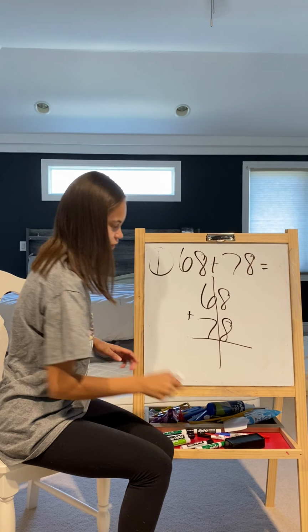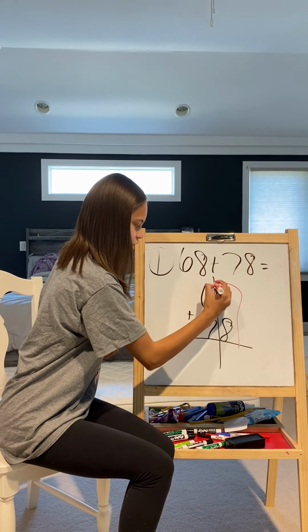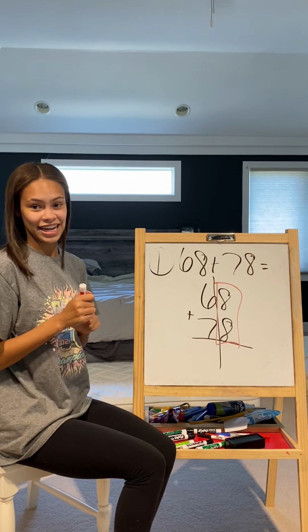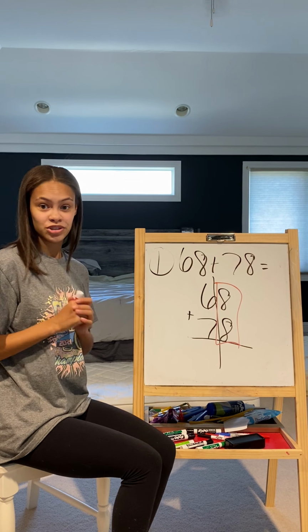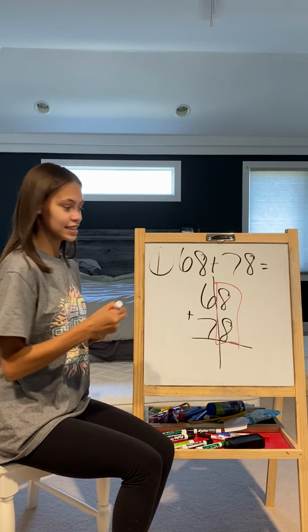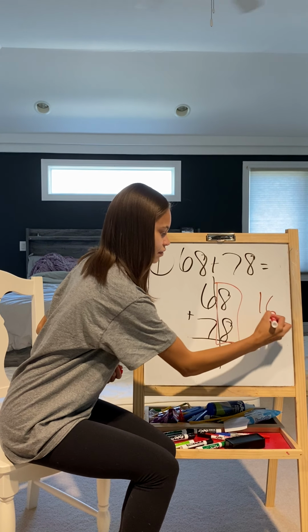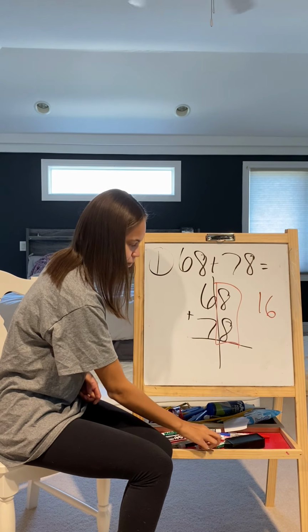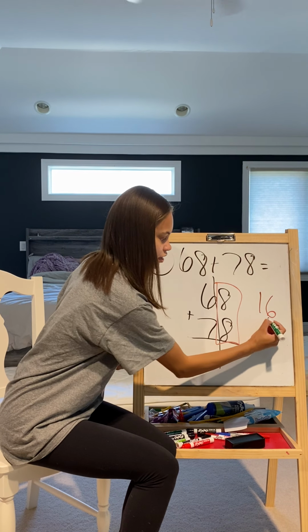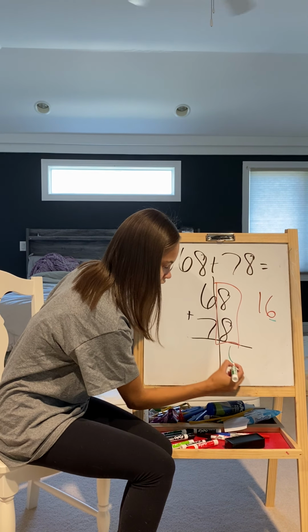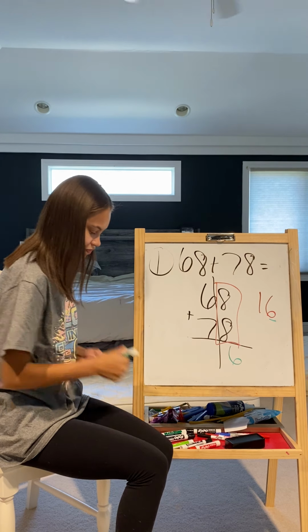Remember, we only look at the back column first, and we have 8 and 8. What happens when you add those two numbers together? We get 16. Now the back number is 6, so we put the 6 in the box here.